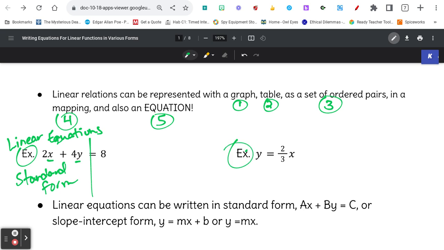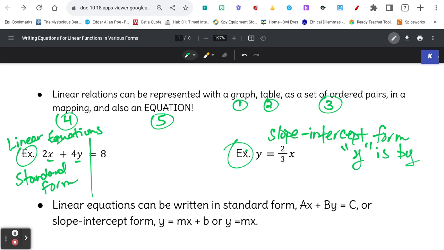This example is in what we call slope-intercept form. Slope-intercept form is when y is on one side of the equal sign by itself. And for these, the easiest form to me is when y is on the side by itself. So the easiest form to work with is slope-intercept form.